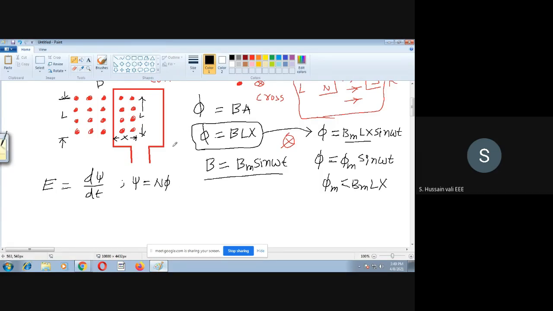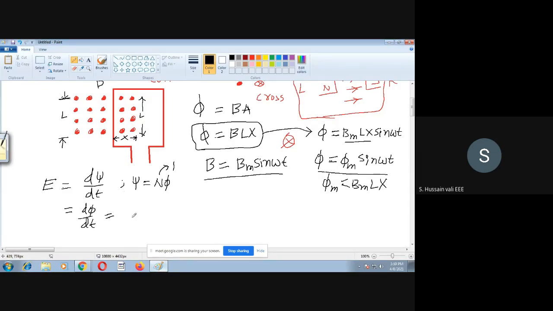In this particular problem, we are taking n as 1, only for simplification purpose. So it becomes d phi by dt. Now what is phi? Phi m sin omega t. We got one expression here, phi m sin omega t.